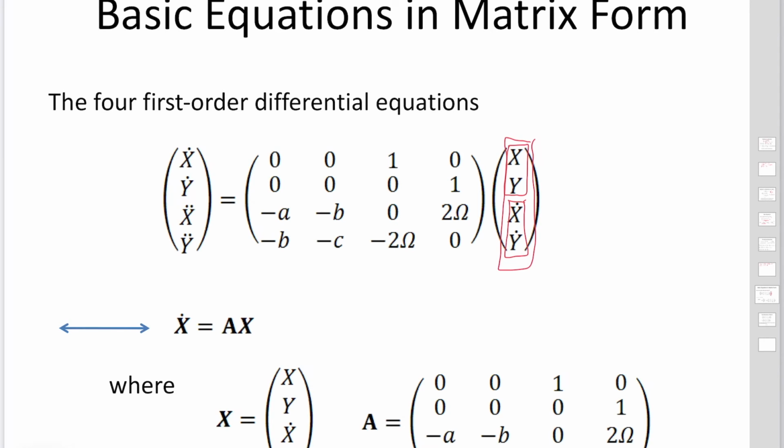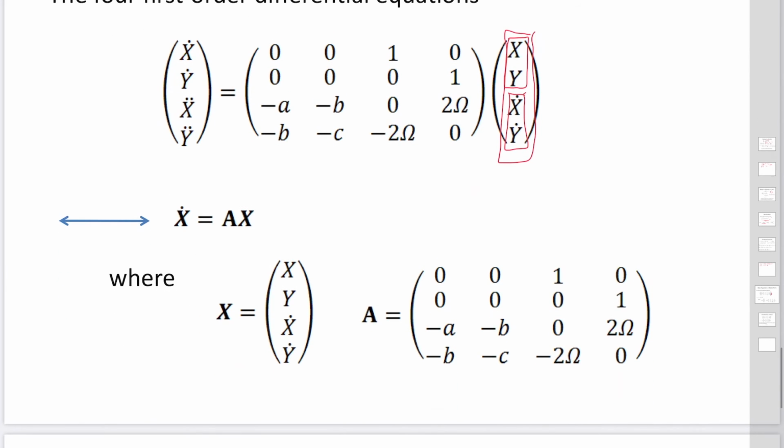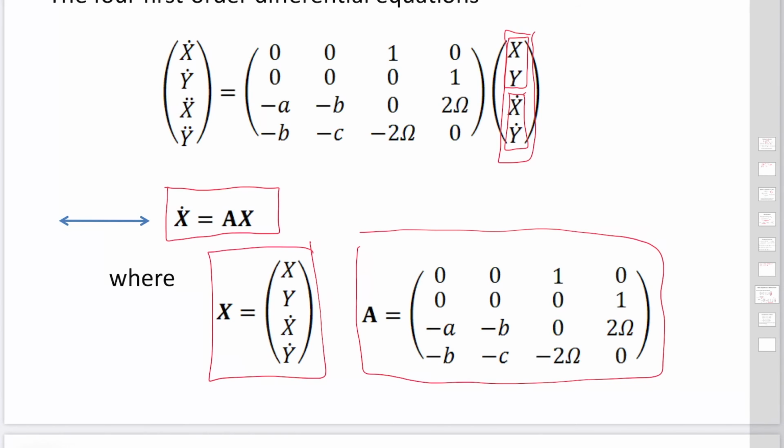If you introduce the vector X with components x, y, x dot, y dot, then in matrix form the differential equation is X dot equals A X, and this becomes a first order differential equation, where A is a 4x4 constant matrix.